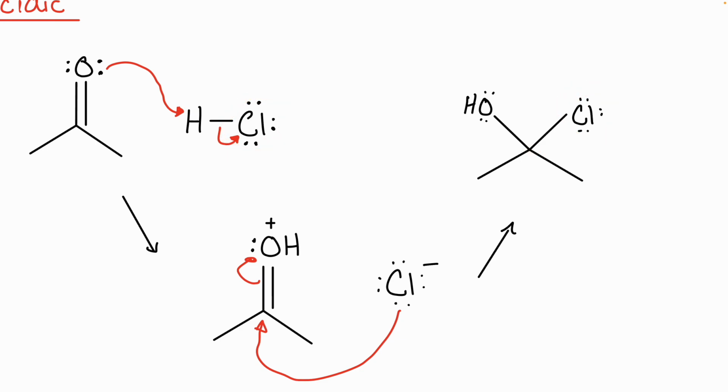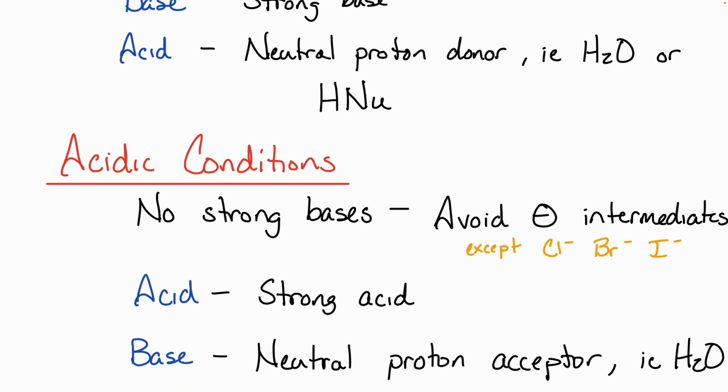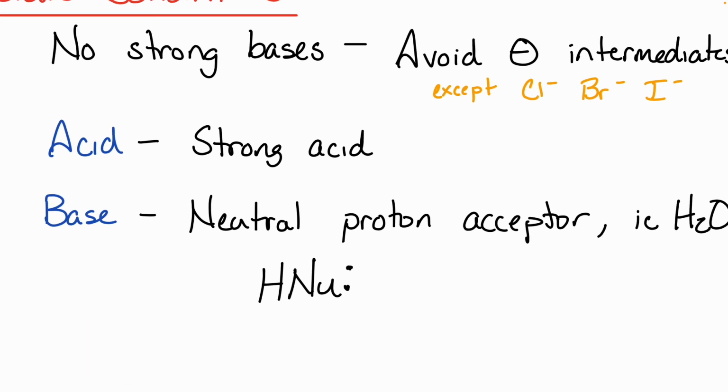All right, so we can just note here, we said that we can use a strong acid. In the case of our hydrohalogens, they are themselves a strong acid. There are a lot of other neutral nucleophiles out there. Water, alcohols, they are not themselves strong acids, so they wouldn't be able to protonate a carbonyl group, and instead you would have to have some sort of an acid catalyst like hydronium in there instead.